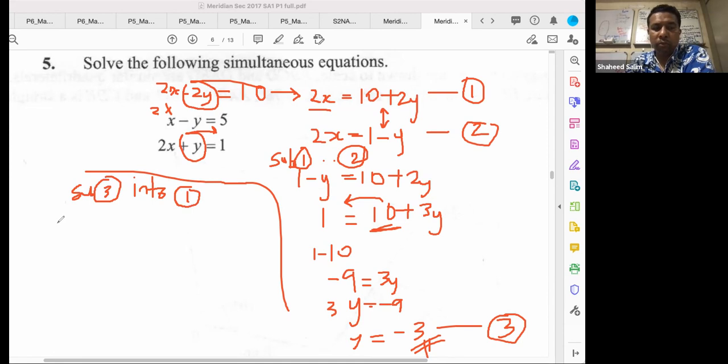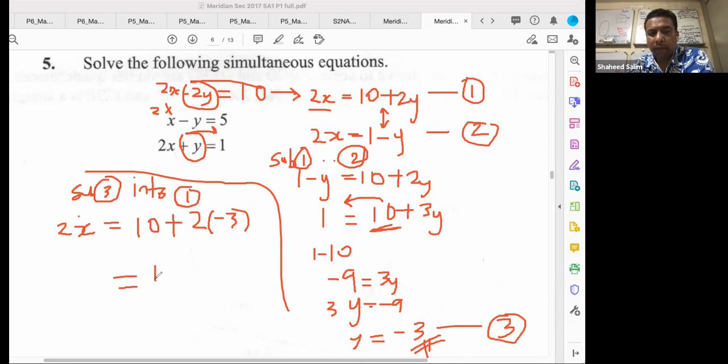So you have 2. See, this is 1, right? 2x is equals to 10 plus 2y. Y is negative 3.